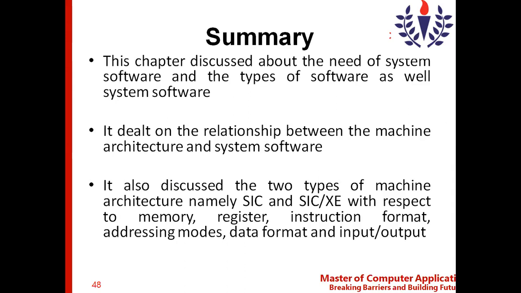Also we understood the relationship between machine architecture and system software, and we discussed 2 different types of machine architecture, one is SIC and the other one is SIC/XE. With respect to these 2 machine architectures, I have mentioned different features like memory, registers, instruction format, data format, addressing mode, and finally the input and output operations.